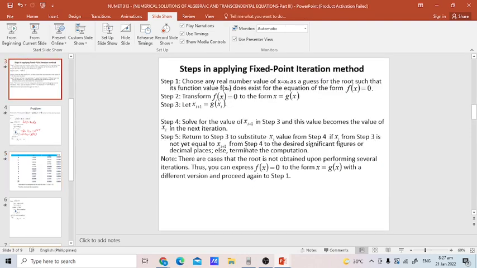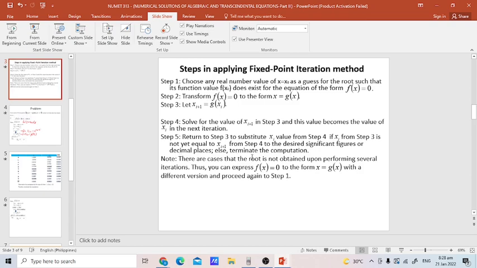Check na ulit natin yung step. Okay. Ayan. Solve for the value in step 3. And this value becomes the value of x of I in the next iteration. So, return to step 3 to substitute x of I value from step 4. If x of I from step 3 is not yet equal to x of I plus 1 from step 4 to the desired significant figures or decimal places, else terminate the computation.